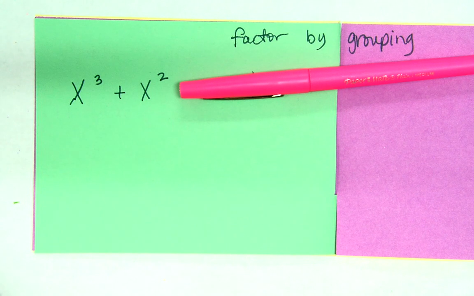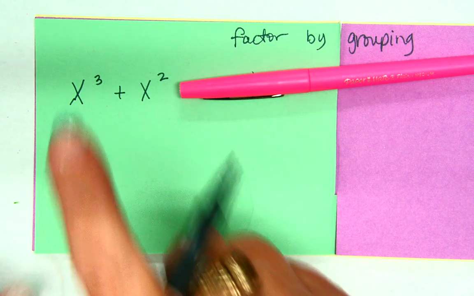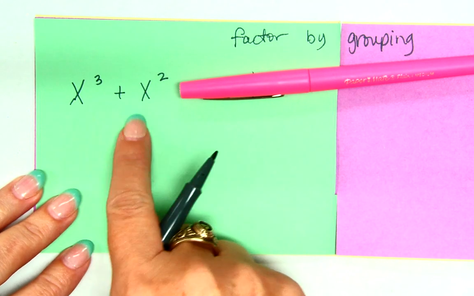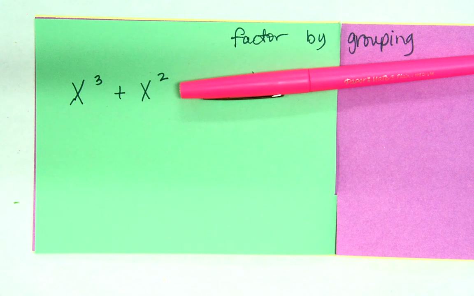And I'm going to say, what is the greatest common factor in these 2 terms? Now, normally we can't do that, right? We can't just isolate parts and take out greatest common factor there, but that's the whole idea when there's 4 terms, factoring by grouping, okay? So what is common in these 2 terms? What's the greatest common factor? X squared. Is everybody in agreement on that?